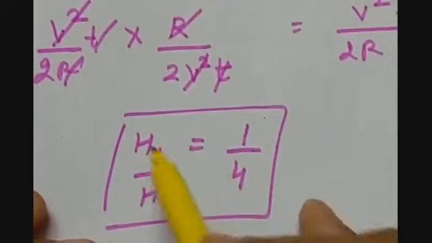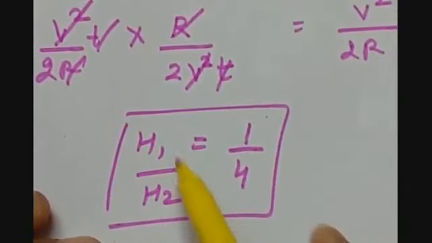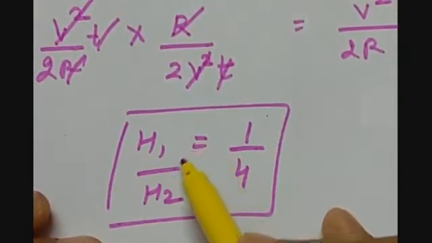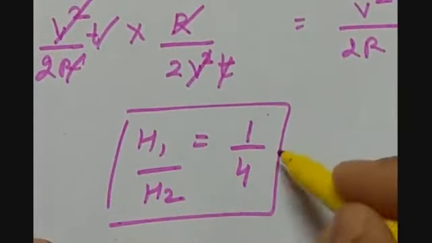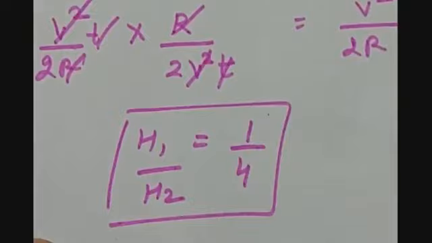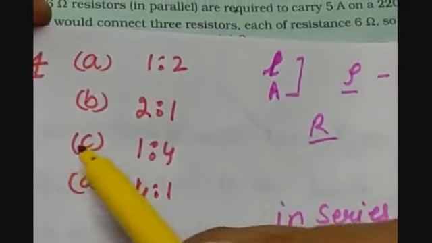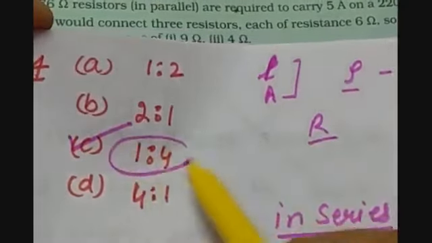So the ratio of heat produced in series combination of resistors to the heat produced in parallel combination is 1 by 4. So option C is the correct answer.